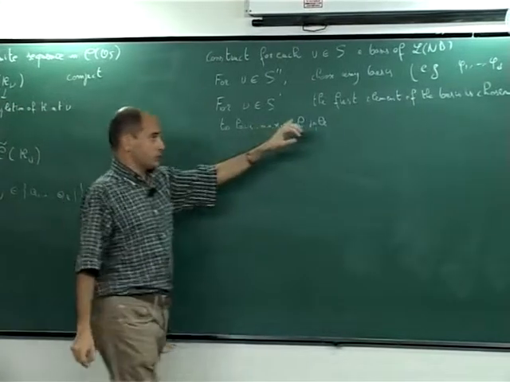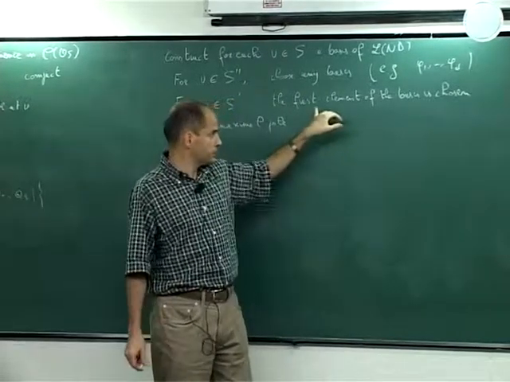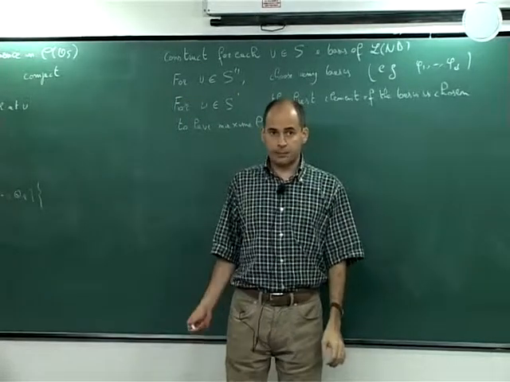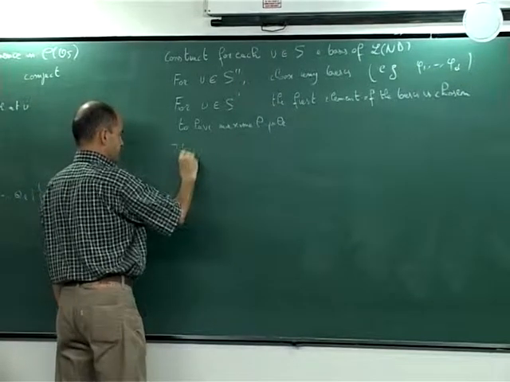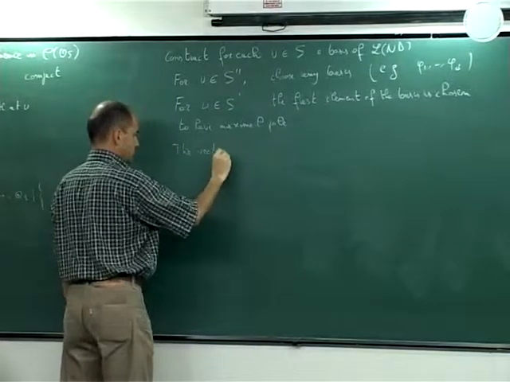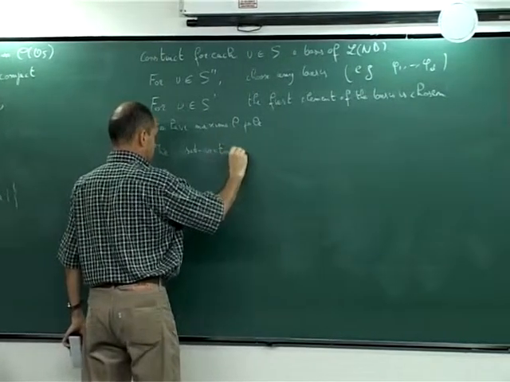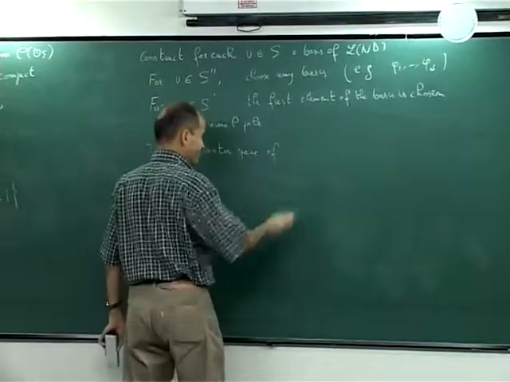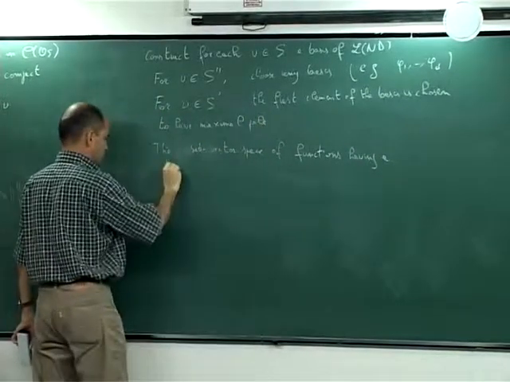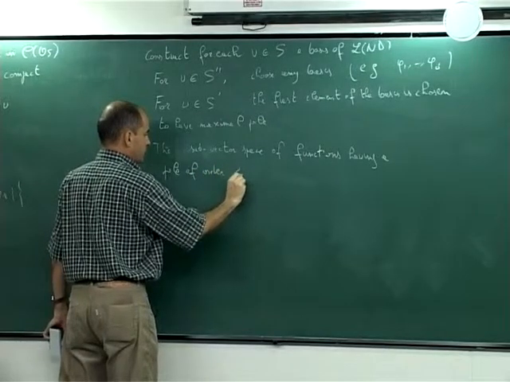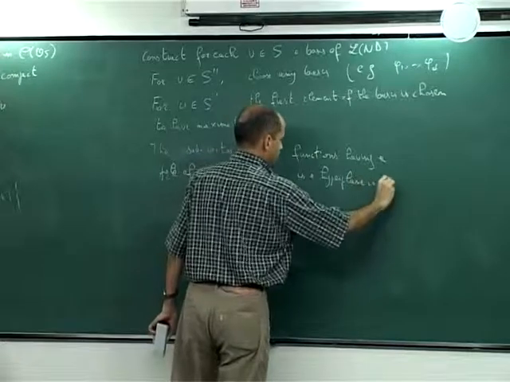Then I claim that I can choose a second element in the basis, which will be necessarily independent of the first one, which has a pole of lower order, because the subvector space of functions having a pole of order less than n minus 1 is a hyperplane in L n.